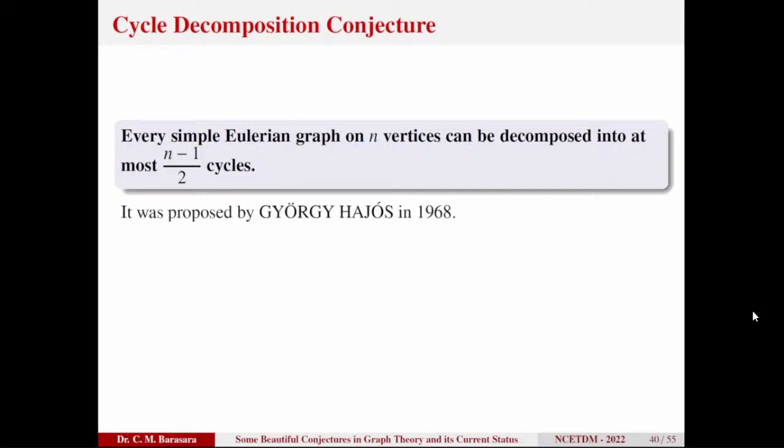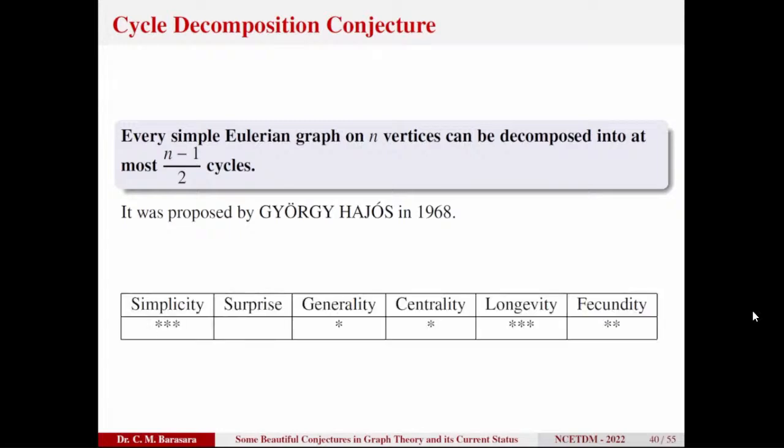This conjecture was proposed by Hajós in 1968. Again, on all parameters, it is very simple to understand, it has many applications, and new proof techniques have been developed, but it survives still.